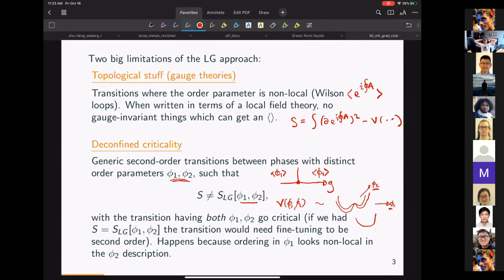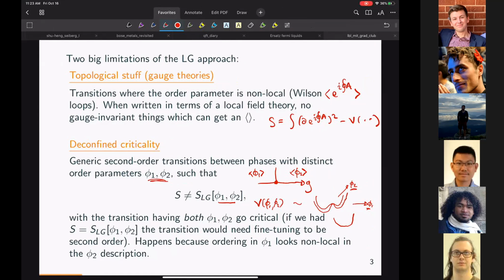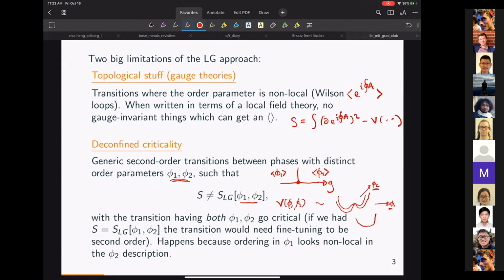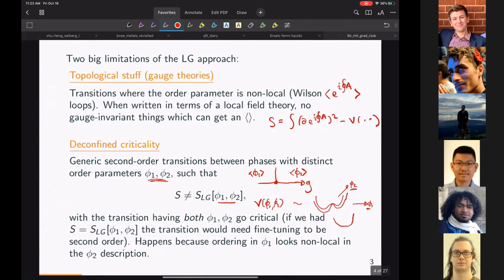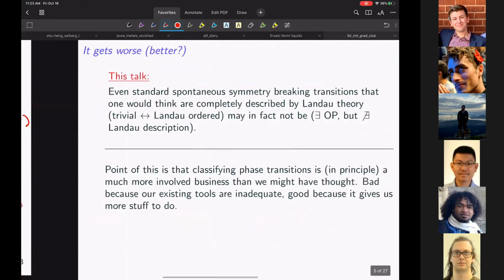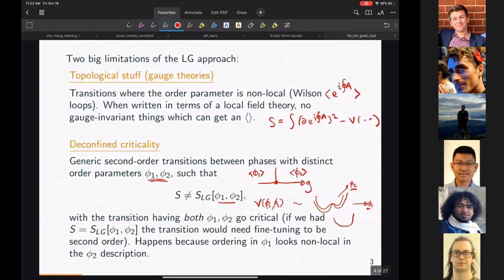You're not talking into the void. The deconfined criticality thing. Am I going too slow or too fast or what? I think it's a good speed. It's a good review of what happened last time.